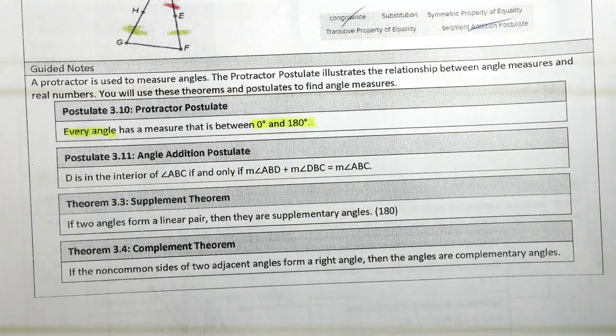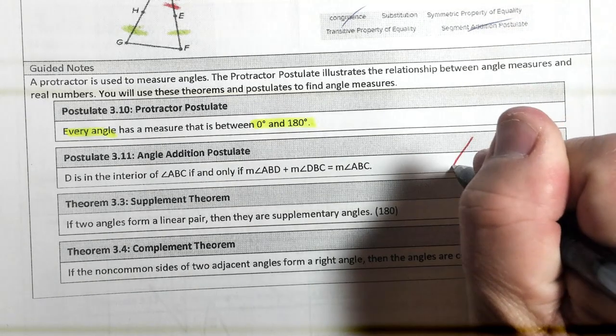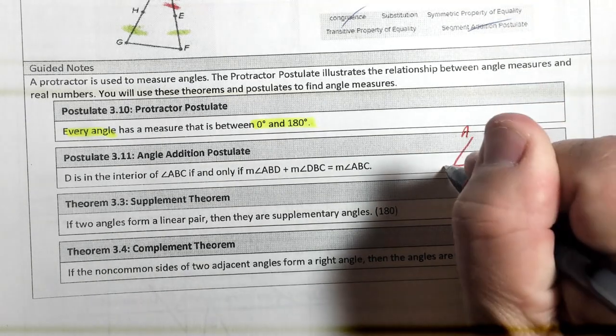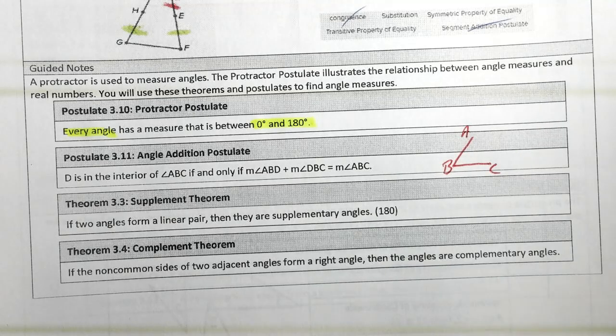All right, postulate 3.11 says angle addition postulate. So D is in the interior of angle ABC if and only if the measure of ABD plus DBC equals ABC. So let me just show this here. So we have angle ABC.